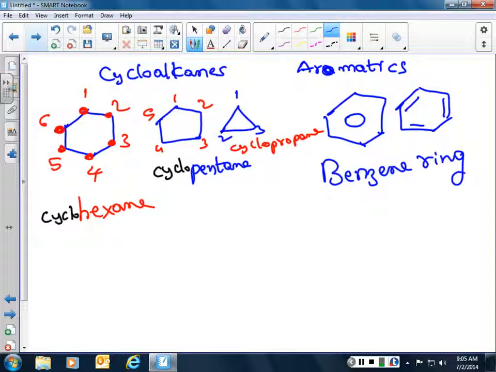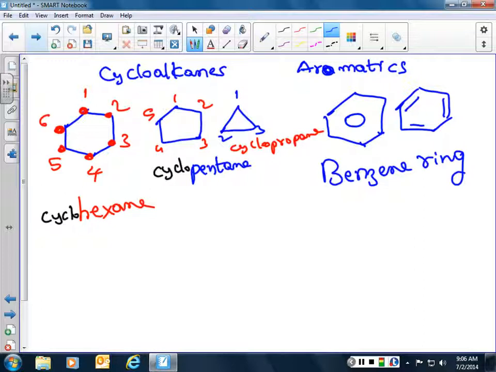This molecule belongs to which family? Cycloalkanes. Are they both called the benzene ring? Yes. Benzene can be represented like this or this, but it's the same thing. So the circle in the middle represents the double bond could be on this side or this side. Okay.